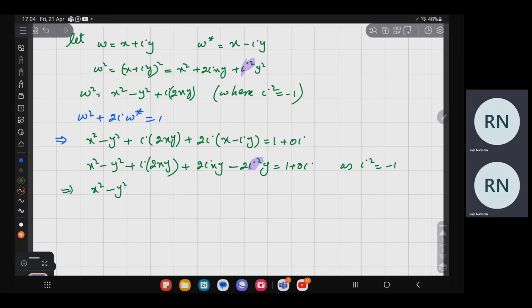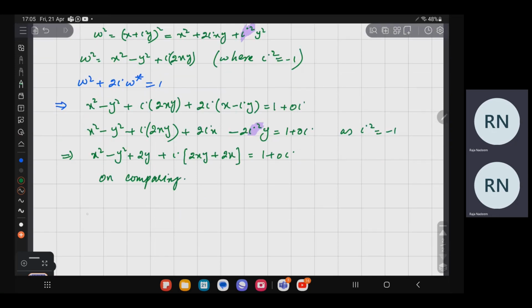The real part is x squared minus y squared, so we take that real part along with this, plus 2y. And if I take i common, then 2xy plus 2x. When you take i common, it becomes i times (2xy plus 2x), equal to 1 plus 0i.